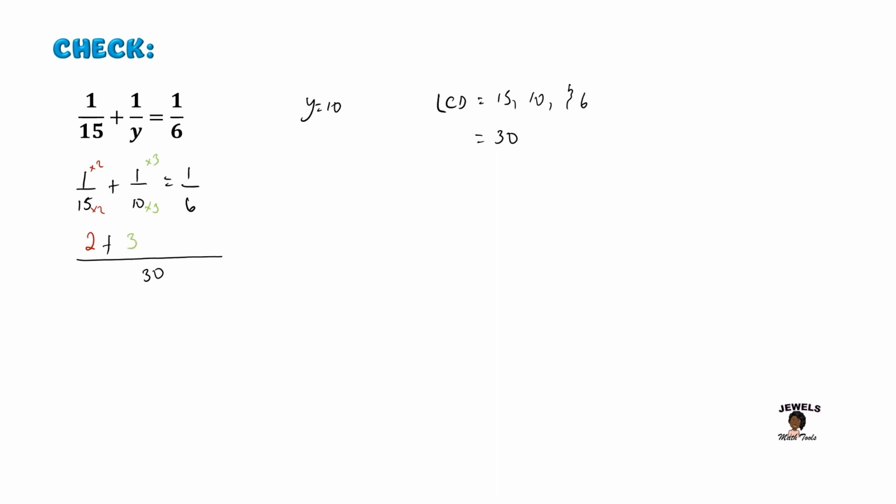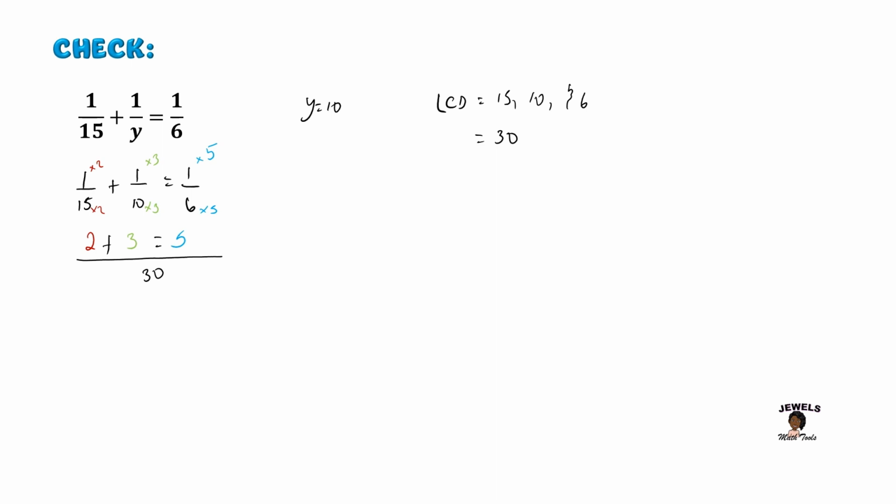And now for our last and final fraction, which is 1/6. My 1/6, I am going to be multiplying by 5 again. So 6 times 5 is 30, and 1 times 5 will equal 5.